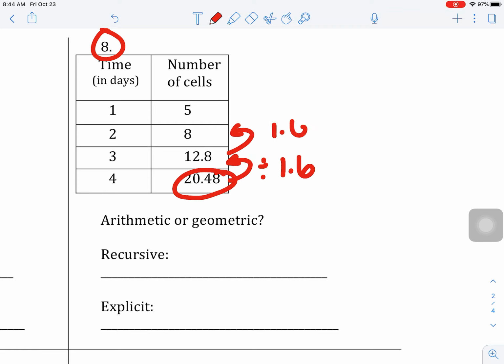And I get 1.6 again. And just to double check, you can just keep doing it with each pair of numbers. 8 divided by 5 is also 1.6. So that tells me that moving forward, the common ratio is 1.6. And so that makes it geometric because I multiplied by 1.6 each time.